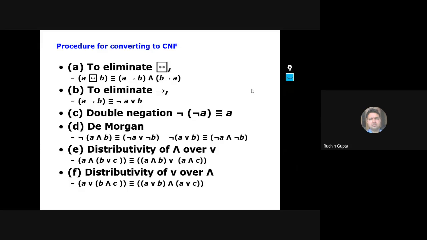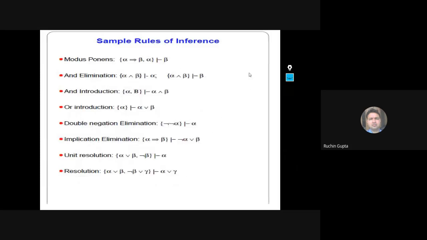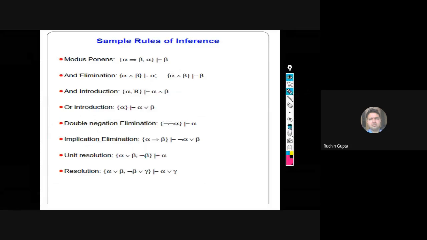So what are the different rules of inference available in the case of propositional logic? You will find one of the very important inference rules is called modus ponens. Many inferencing methods use this modus ponens rule. So what is modus ponens?